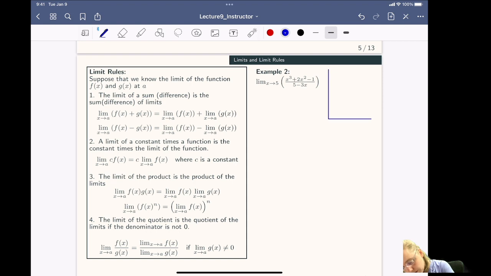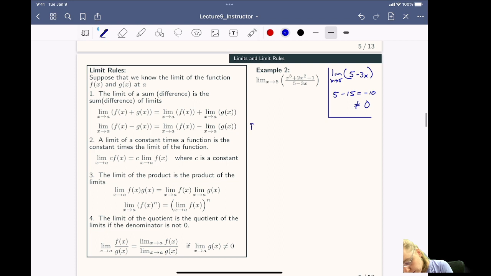We want to know, does the limit as x goes to 5 of 5 minus 3x equal 0? Well, let's plug in x equals 5, and we get 5 minus 15, which is equal to minus 10. This does not equal 0, so we can apply rule 4 and obtain our limit.